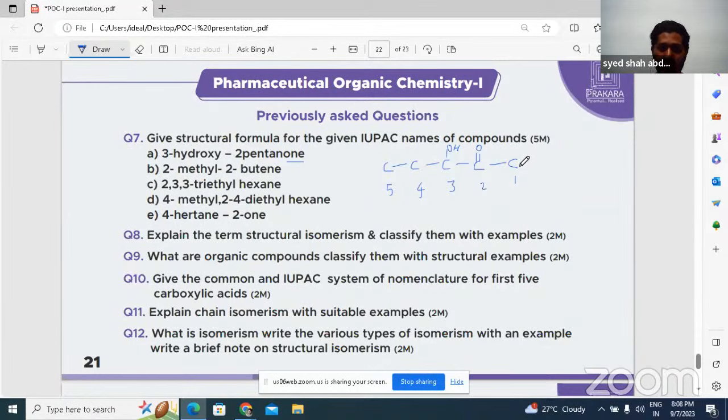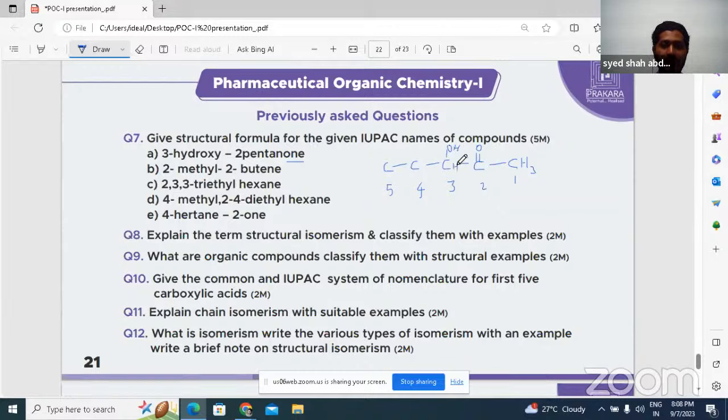And for this, the only thing you need to remember is the valence of carbon. What is the valence of carbon? 4. This carbon is bonded to 1, remaining is 3, CH3. This carbon has a double bond over this side, 4 completed. It does not require any hydrogen. And for this carbon having a hydroxyl group, 3 completed, 1 left.